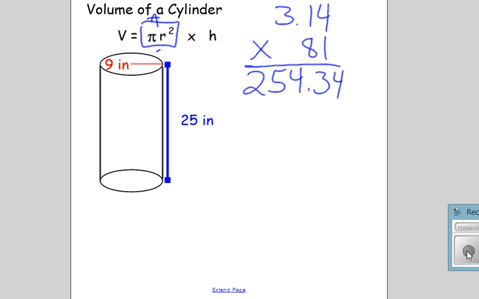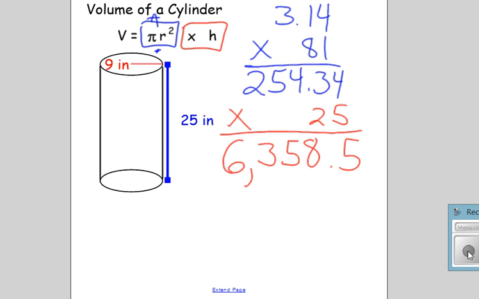Now that I found the area, let's multiply that number times the height. So we're going to multiply by 25. By doing that calculation, I come up with an answer of 6,358.5.